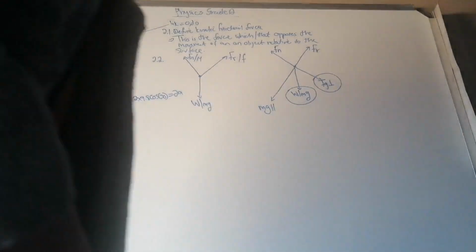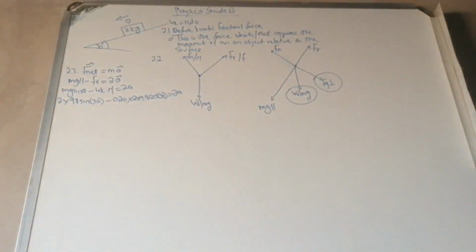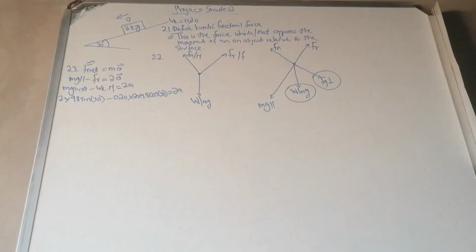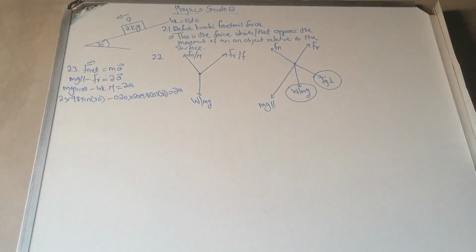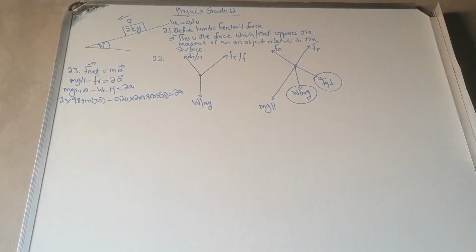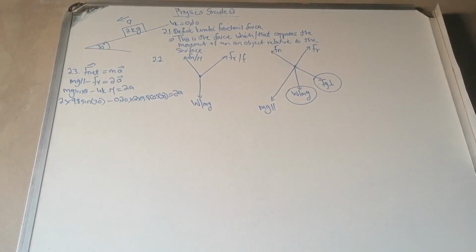Right. Let us try to continue in this work and see exactly what transpires. So let me just go to my calculator and see exactly how we can do things. Now I'm on my calculator, and we have 2 times 9.8, multiplying this by the sine of 30, and we get a value of 9.8.